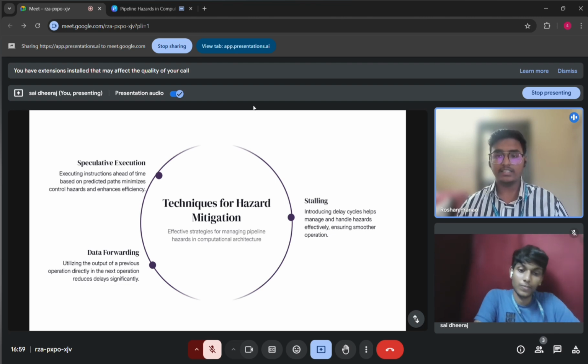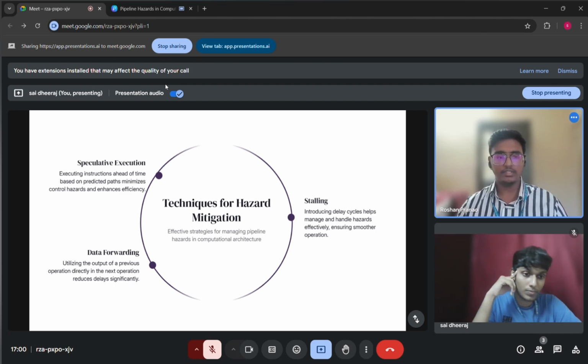Introducing delay cycles helps manage and handle hazards effectively, ensuring smoother operation. Data forwarding utilizes the output of a previous operation directly in the next operation, so it reduces the delays significantly. These are the techniques which will be suitable for almost all the data hazards that have been discussed earlier.